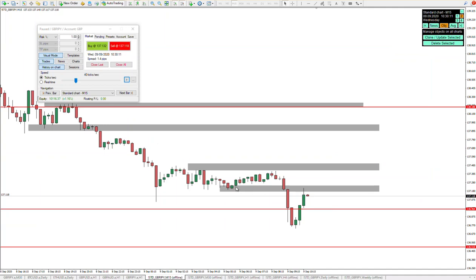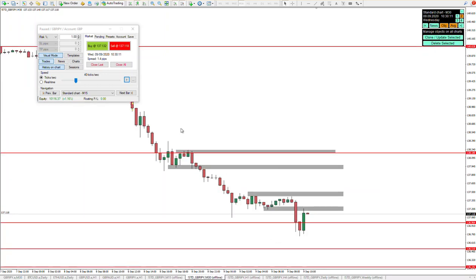I can't buy because we are below the support. I can't sell because we have green candles. We have a downtrend, so this is just a normal pullback for now. For now it is.